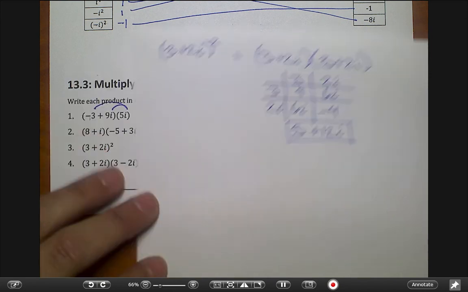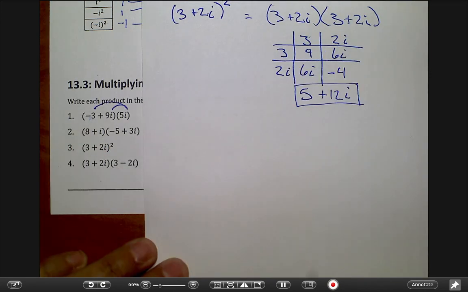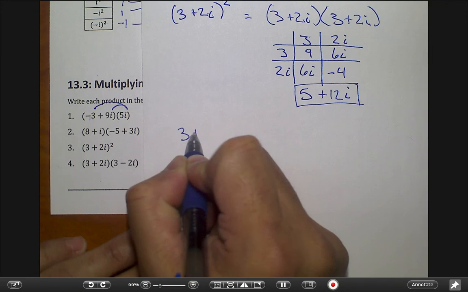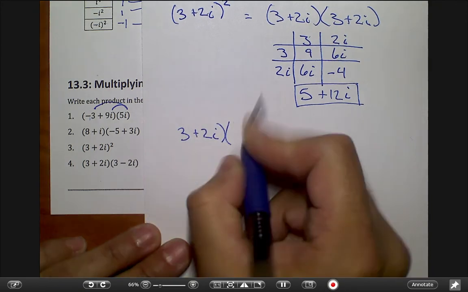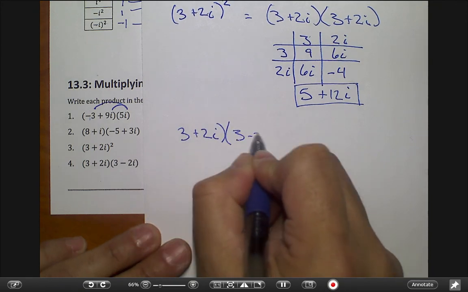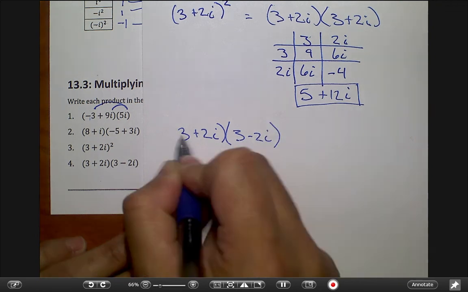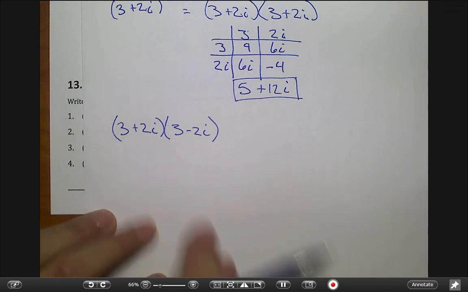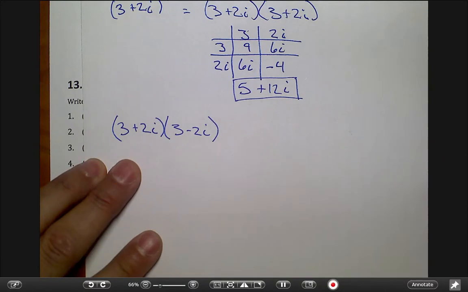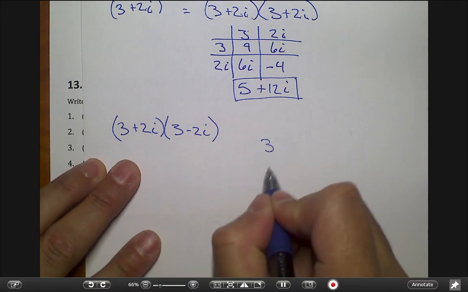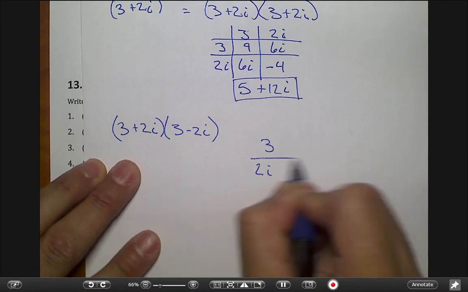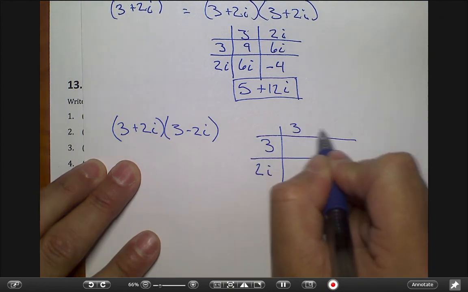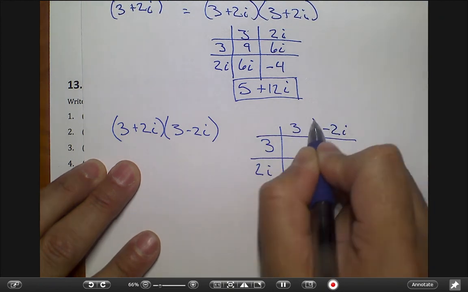And let's take a look at that last one, which is 3 plus 2i and 3 minus 2i. So for this one, I'm going to again box 3, 2i, 3, negative 2i.